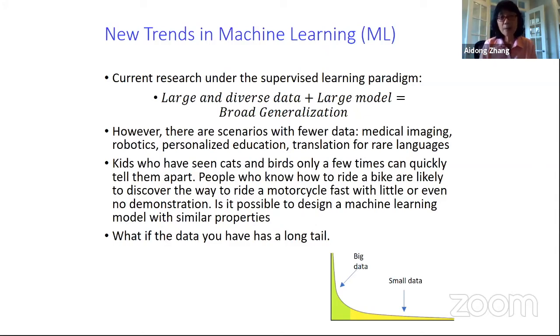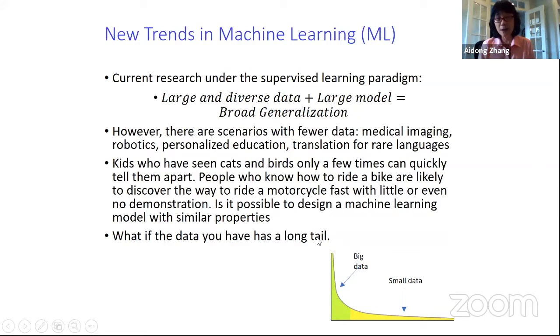That capability is not reflected in machine learning these days. Machine learning uses a huge amount of data to train the model. So can we actually train the model with few data and make a better prediction? That's what the machine learning community is struggling with.